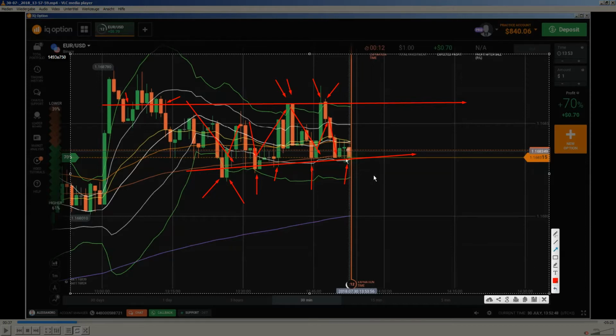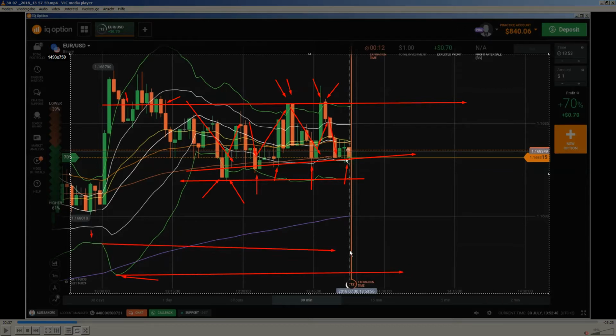If you prolong this area, you will see we have here an area, and you see how this area is working as support and resistance. So you can expect also that this area here will be a nice support and resistance, and this area here too. And if price will come back to this level, you will see that price will react from it.